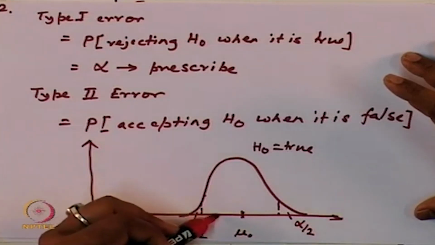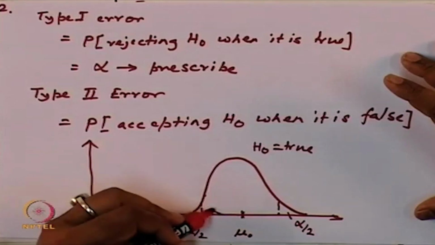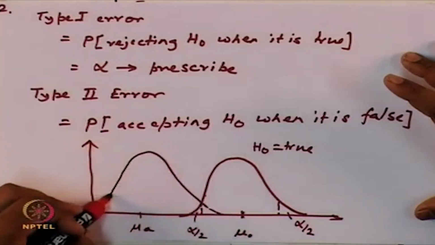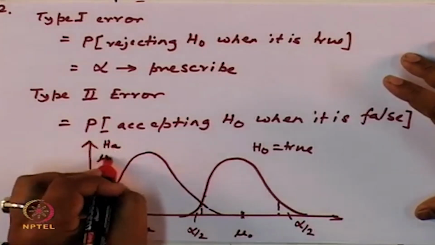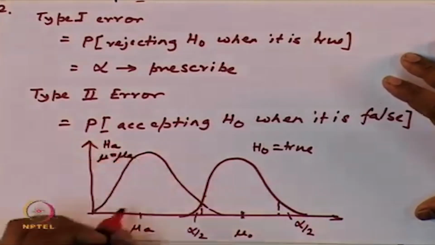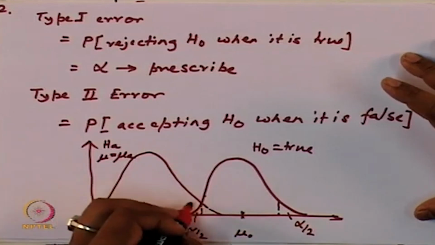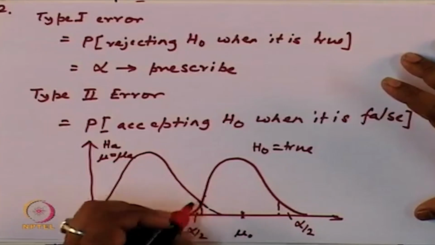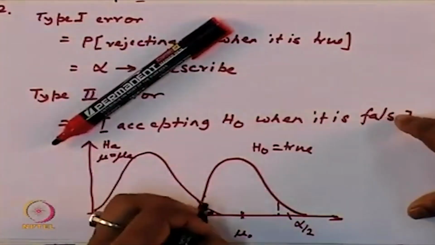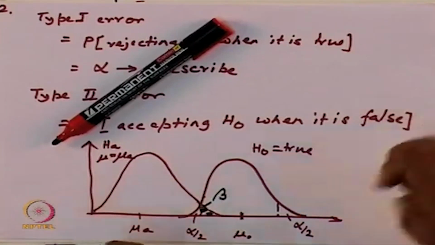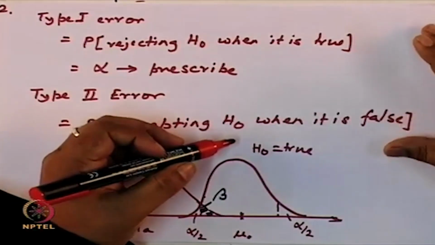Then the distribution, so this is your alternative hypothesis, which is mu equal to mu a, which is distinct from mu naught. What you see is this area in this part of the curve, which you call beta, and this is the probability of accepting H naught when it is false.